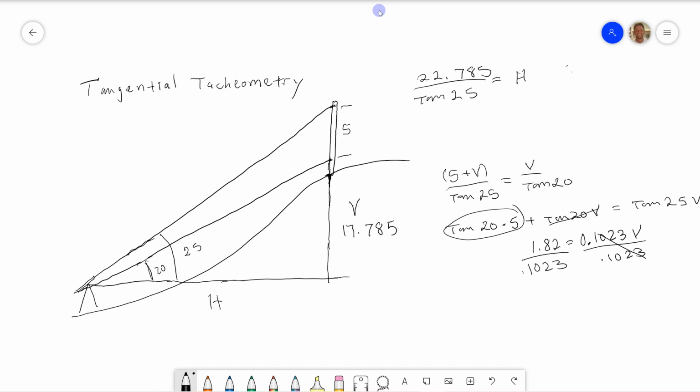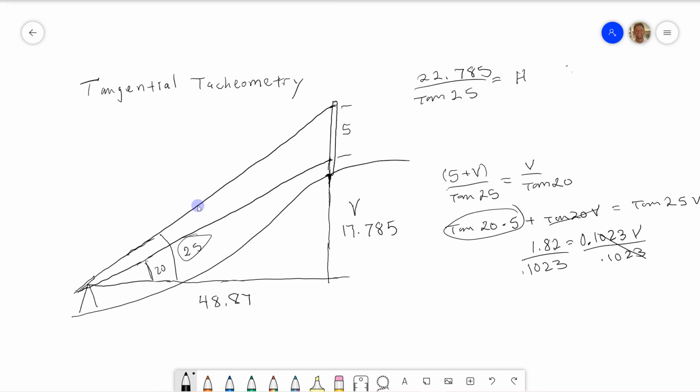So here we go, 48.87. Let's just check that. 22.785 divided by 48.87. The arc tangent should turn out to be 25.